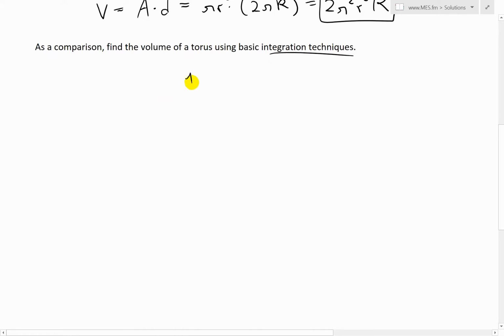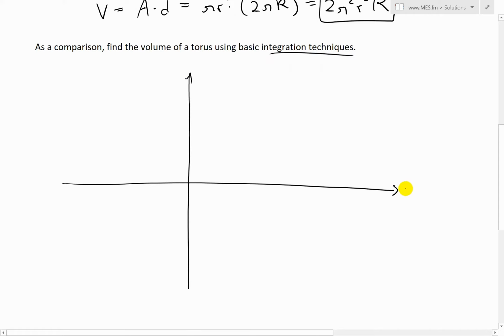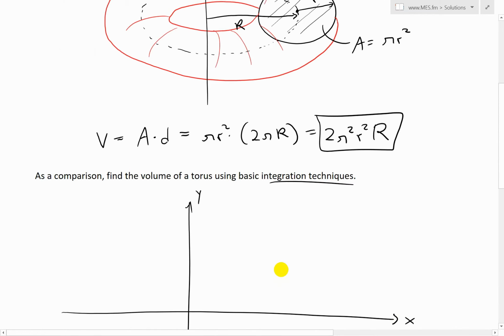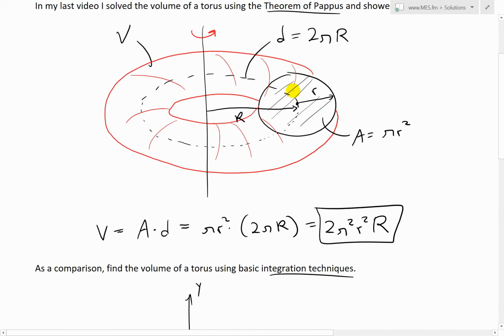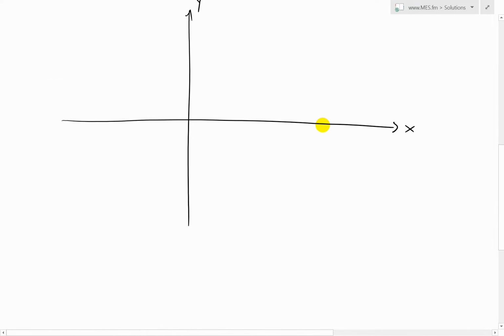First, draw the x and y axes like always. To add this region, the simplest case is to put the circle at a distance capital R from the origin, on the x-axis. So we'll draw a circle like this.